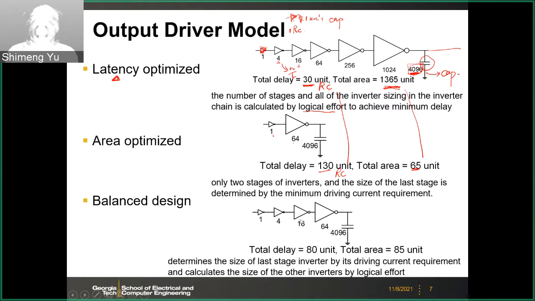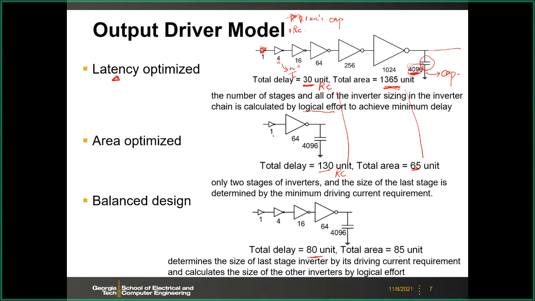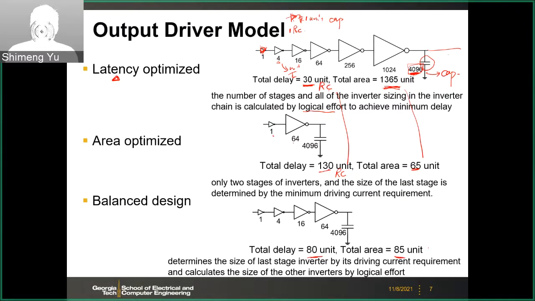And in this example, if you have only those 4 stages, you have like 80 unit RC delay, and then the total area will be 85 unit area.